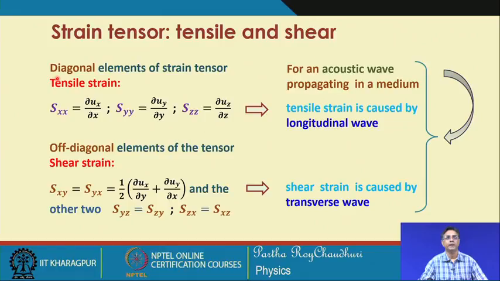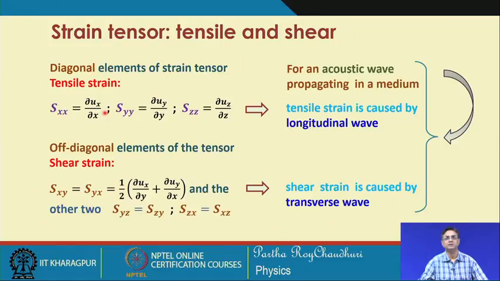The diagonal elements of the strain are represented by S_xx, S_yy, S_zz, and the shear strain elements are represented by del u_x del y, del u_y del x, and so on for S_yz, S_zx.